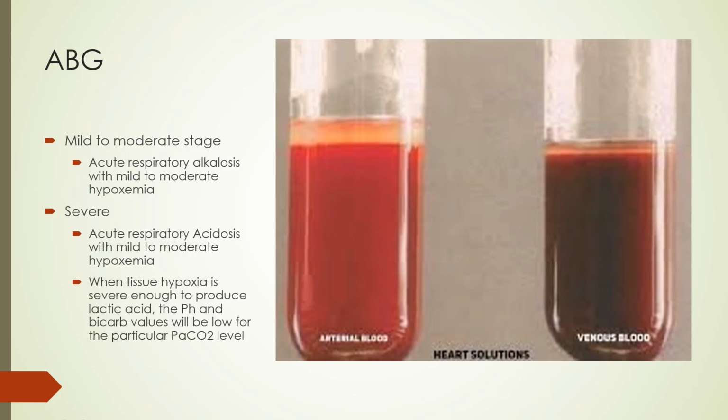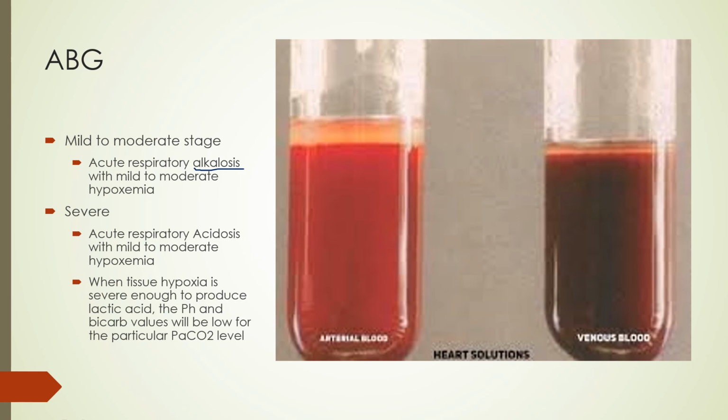All right, what would an ABG look like initially on a pneumonia patient? Well, if it's very mild to moderate, just like the other conditions we talked about, respiratory alkalosis with mild to moderate hypoxemia. Remember, it's the hypoxemia when the brain gets the low PaO2, the low oxygen levels, it's going to tell your respiratory system to breathe faster and deeper if possible.